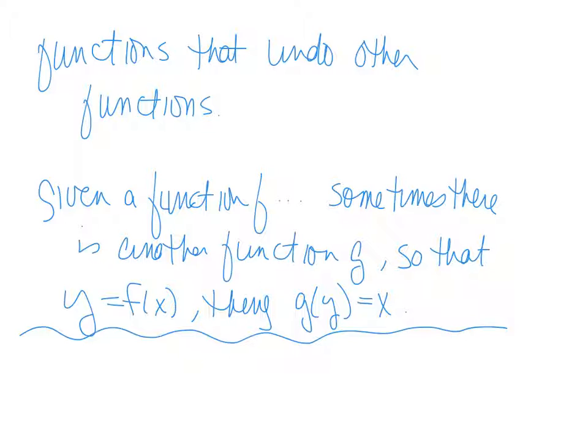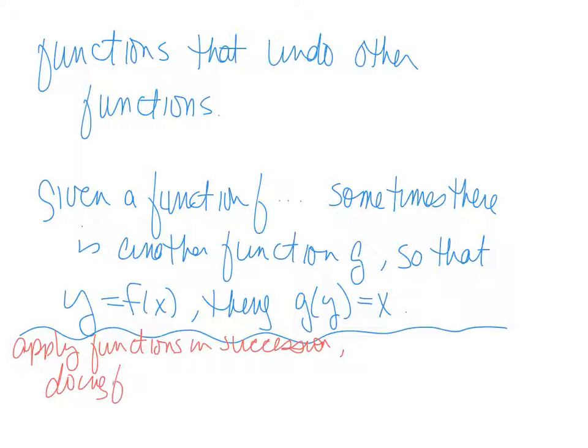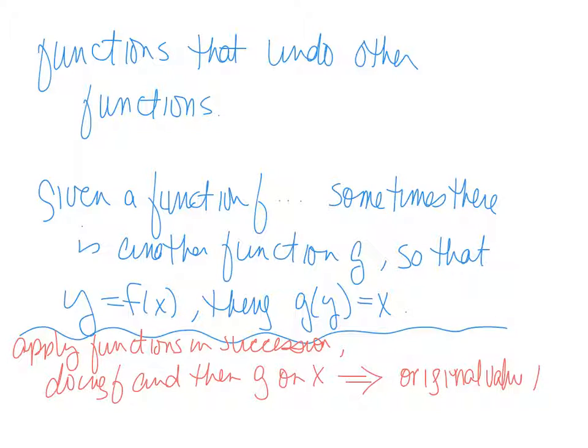Sometimes when we apply these functions in succession, doing f and then g on x, the composition returns the original value x. It's like the inverse operations. We would get the original value if we did the operation and then the inverse operation, right?